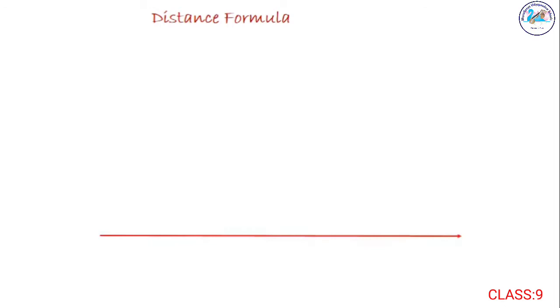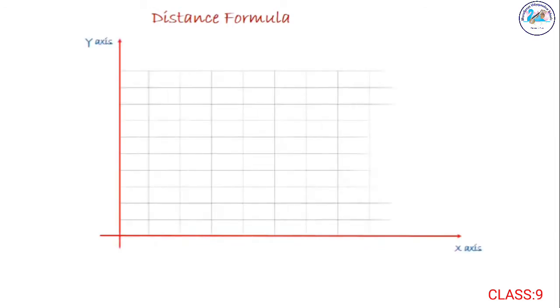So this is the way we are calculating the distance between 2 points A and C. Now we shall generalize the distance formula. In the previous case, we calculated the distance between 2 points A and C by using the measurements, and we got the answer as 5 units. Now let us generalize the formula. As before, we take both the axes, x-axis and y-axis, on a Cartesian plane.